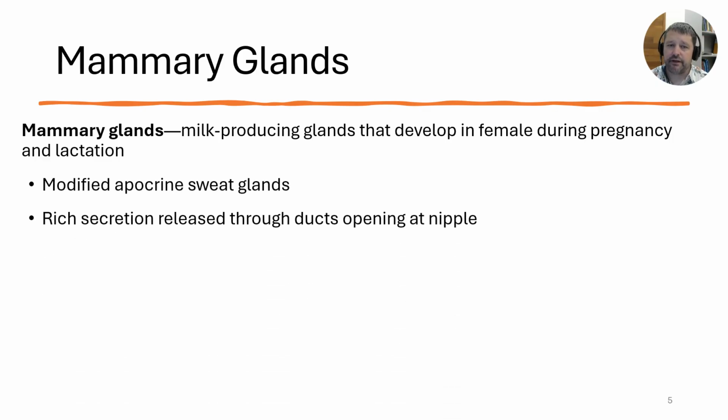It's a modified sweat gland. So we know from evolution that the first mammals to produce milk are things like the platypus and the echidna. So those are kind of the first, at least primitive mammals.